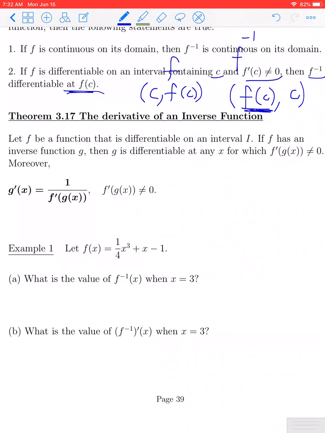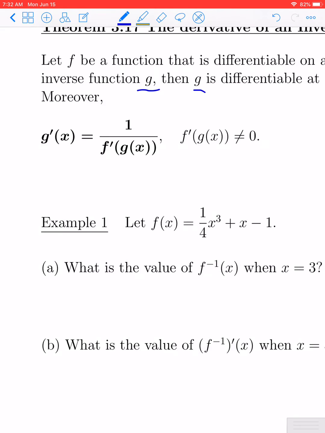In the textbook they use the notation g for f inverse, and we get the following formula: the derivative of g of x is equal to 1 divided by f prime composed with g of x.